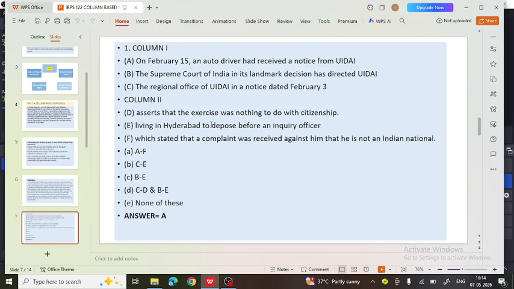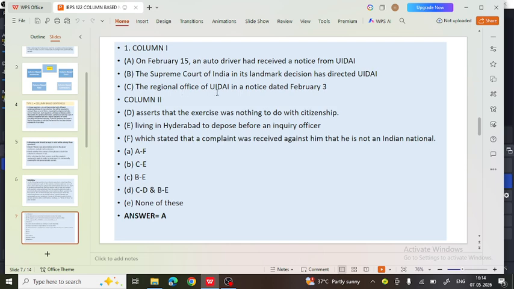So the exercise is not at all related with this decision of Supreme Court, and the remaining E part, living in Hyderabad to dispose before an inquiry officer, is also not matching with this first part. So the B sentence is not able to have a connection with any of these options.